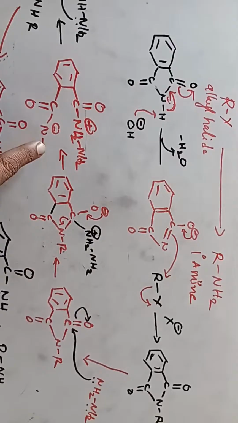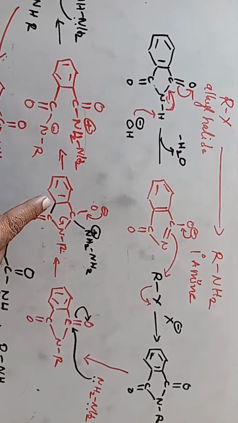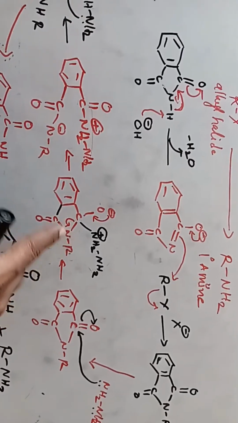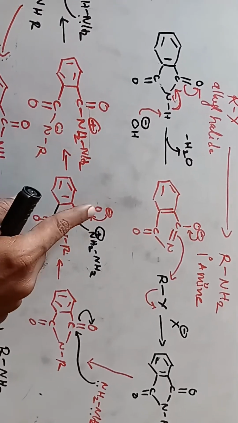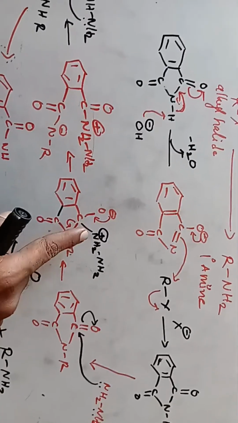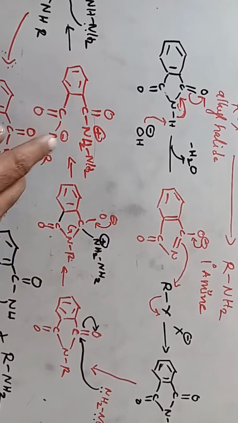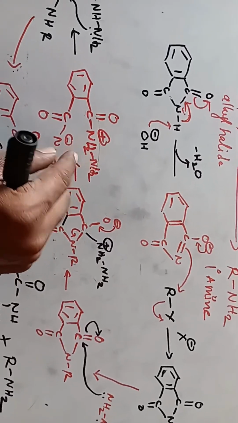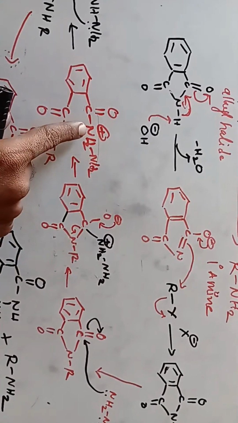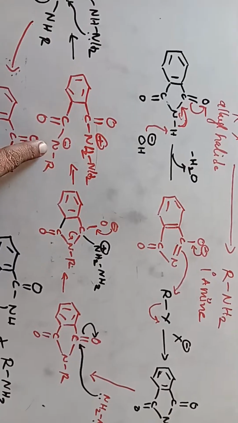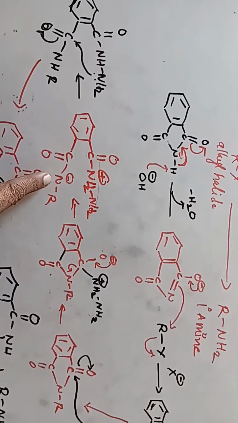So nitrogen negative, and this CO as it is, nitrogen negative, alkyl group as it is. And here is the C double bond O, and this NH2NH2 nitrogen is positively charged because it has four valencies. As you can easily understand, this H plus will be broken from the nitrogen and it will be accepted by this negatively charged nitrogen.